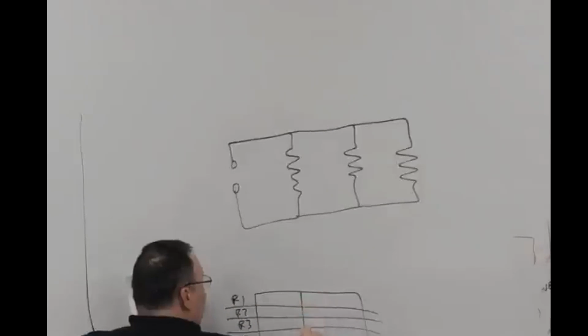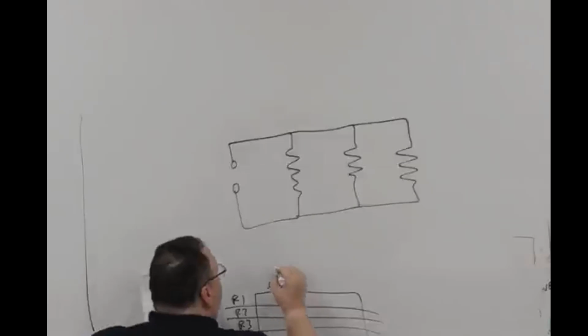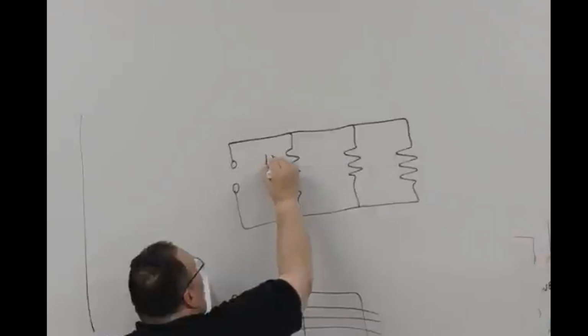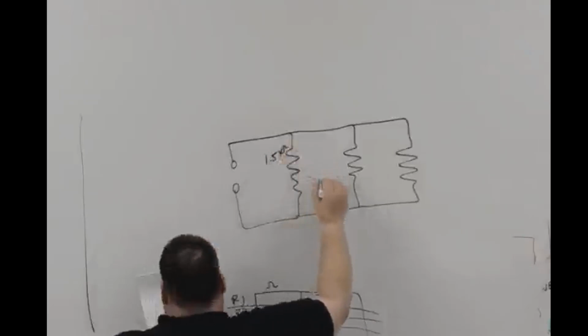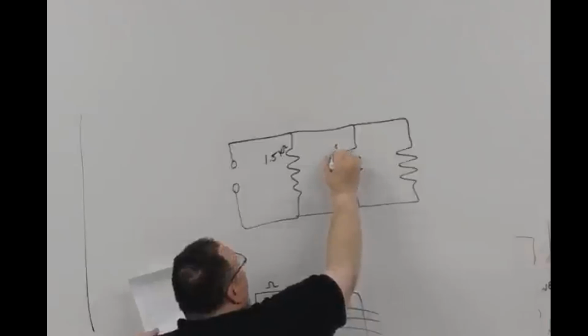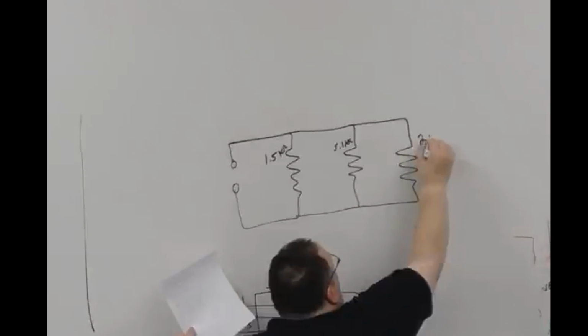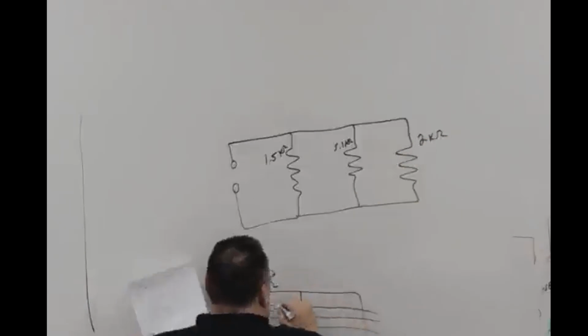Just looking at our resistance for right now. I've got R1, it's 1.5 K ohms. R2, it's 5.1 K ohms. And R3 is 2 K ohms.